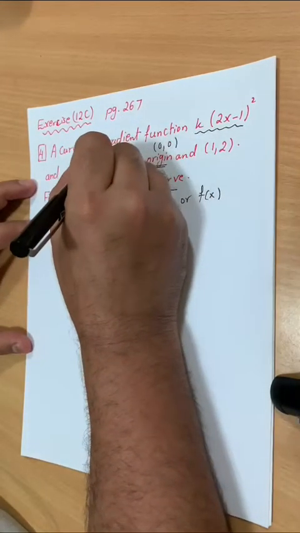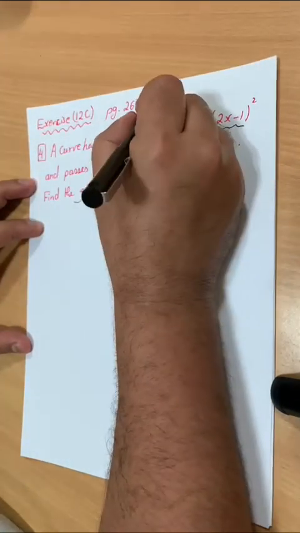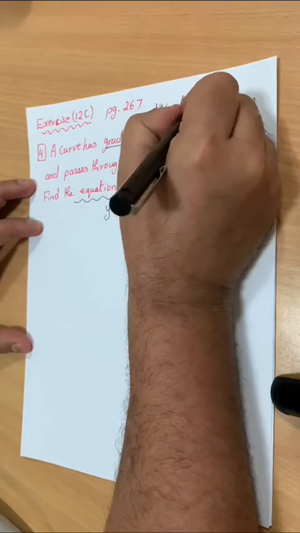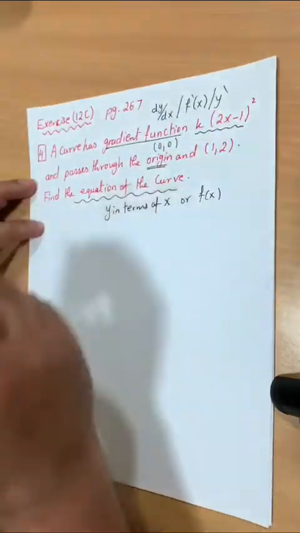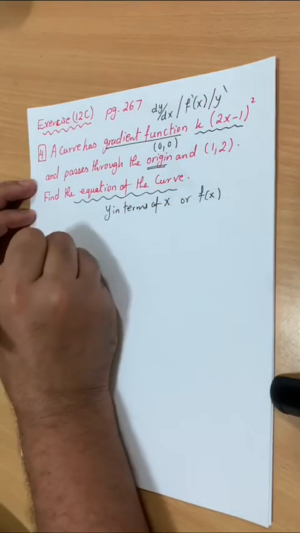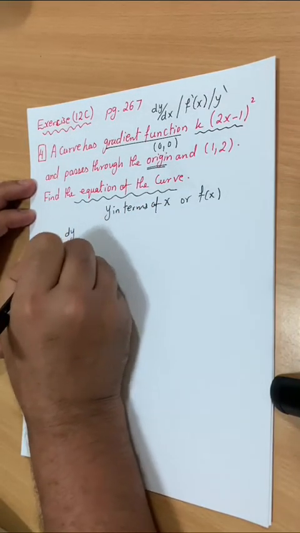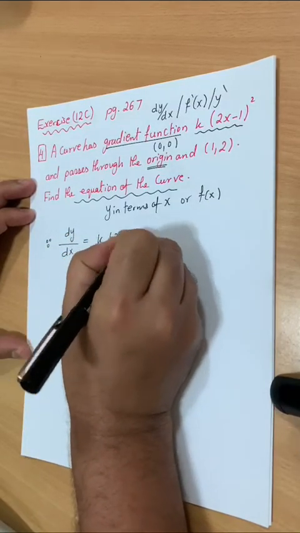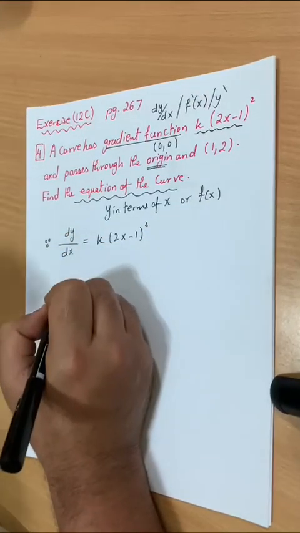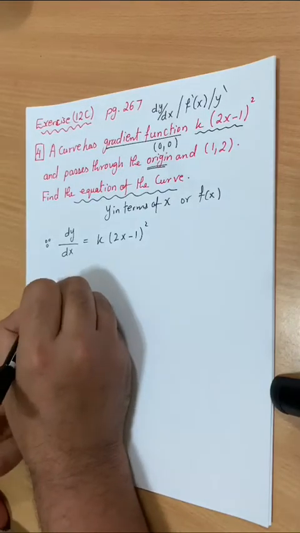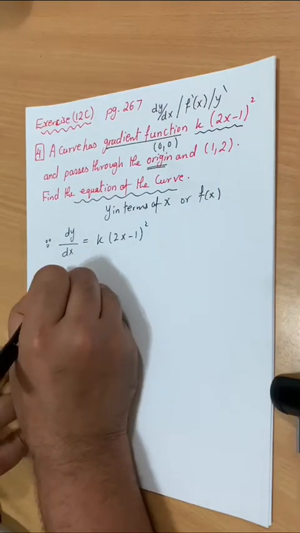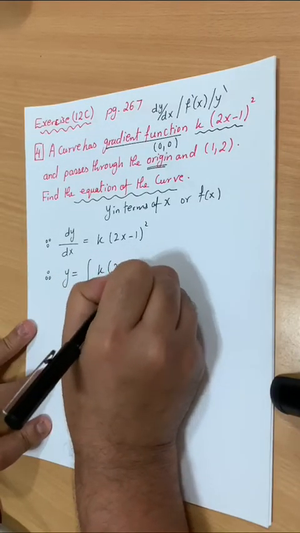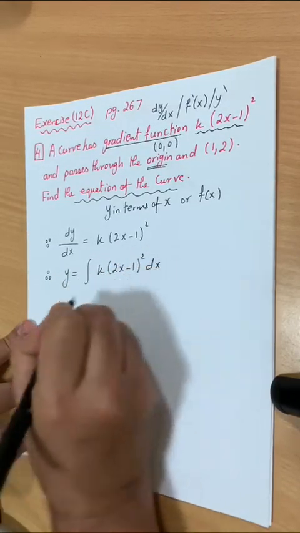And one more thing, in the question they give you gradient function, which means dy by dx or f dash of x or y dash. So since dy by dx is equal to k (2x minus 1) power of 2, and you want to reach the equation of the curve, you have to do integration. So therefore y equals integration of k (2x minus 1) power of 2 dx.